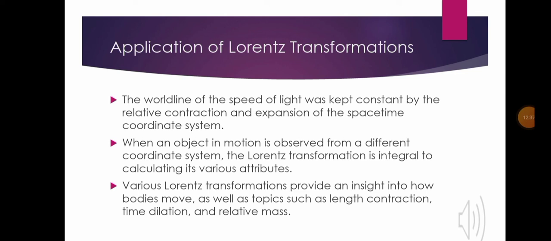Applications of Lorentz transformation. The world line of the speed of light was kept constant by the relative contraction and expansion of the space-time coordinate system. When an object in motion is observed from a different coordinate system, the Lorentz transformation is integral to calculating its various attributes.